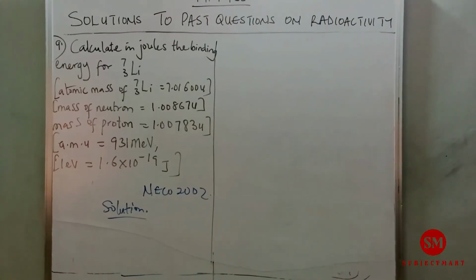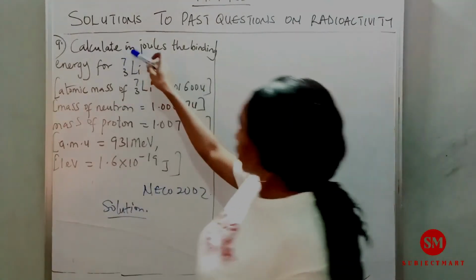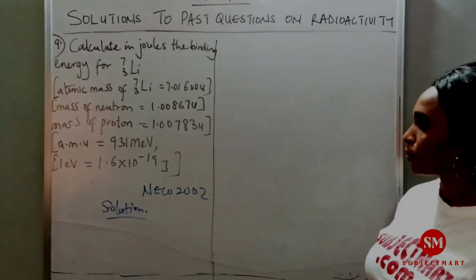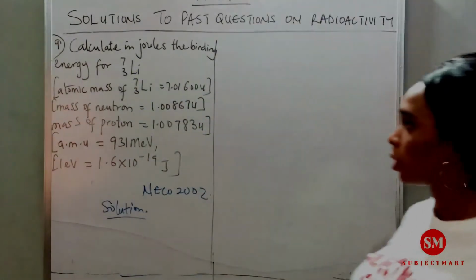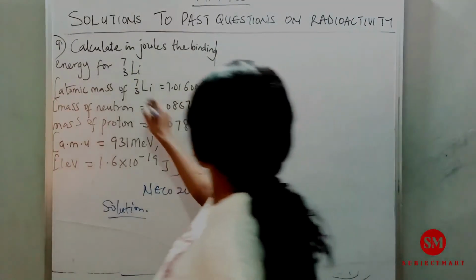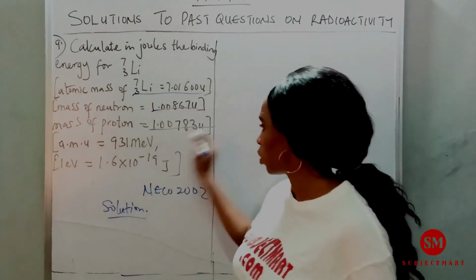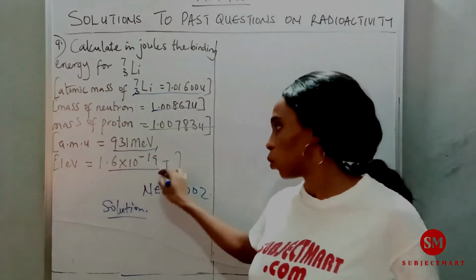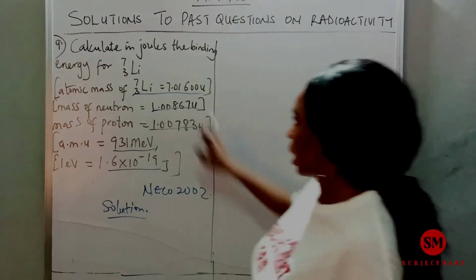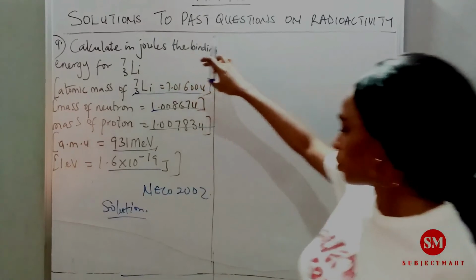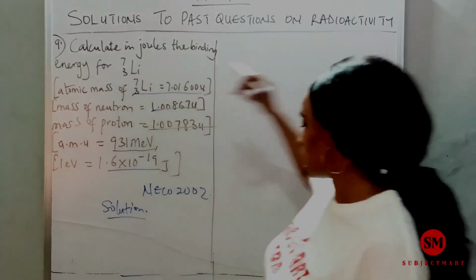Our last example for today says, calculate in joules the binding energy for lithium-7, which has an atomic mass of this, the mass of neutron, mass of proton, in AMU, and 1 electron volt is given as that. Okay. So from here, the number of proton is 3, and the number of neutron is 4.